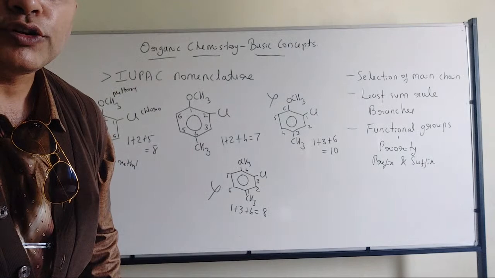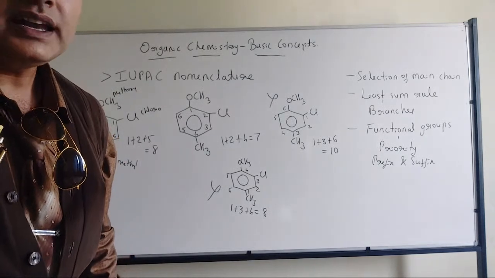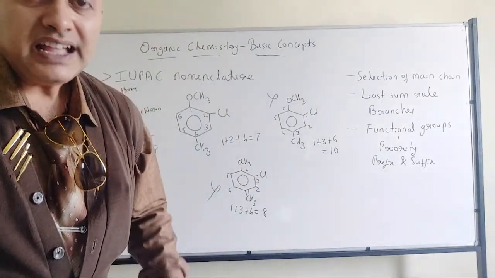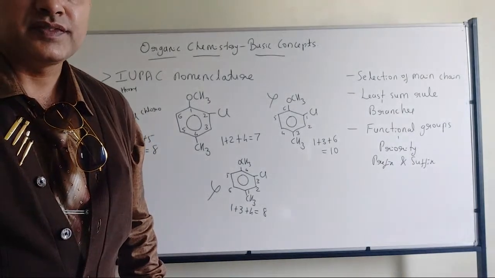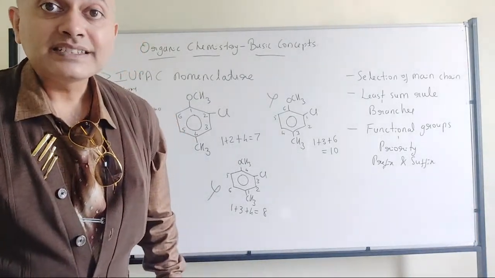So now, 2-chloro-4-methyl 1-methoxyhexane. Why hexane? It's not a hexane. It is a benzene.